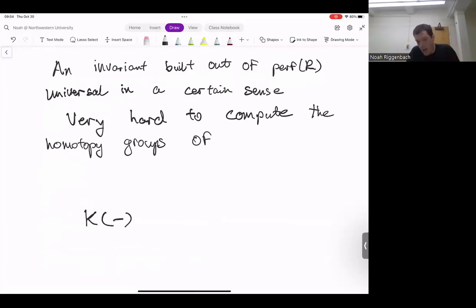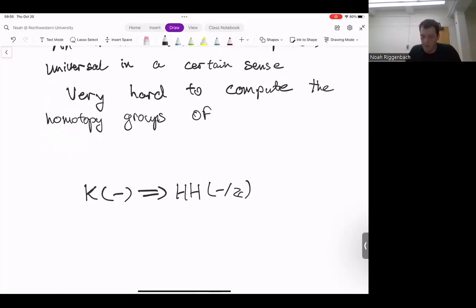So K-theory, by one of the definitions, admits a natural transformation to Hochschild homology, over the integers if you prefer. And in fact, this natural transformation factors through a topological lift of Hochschild homology, which we call topological Hochschild homology.